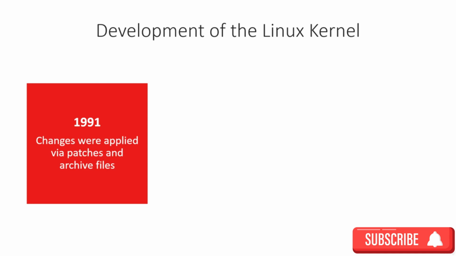Changes to the source code were applied via patches and so-called archive files. A developer could send a patch to an online group, and then Linus Torvalds, the creator of Linux, applied the patch to his own source code. This means that applying changes required quite some effort and planning.